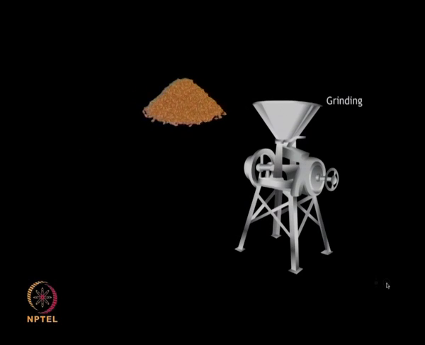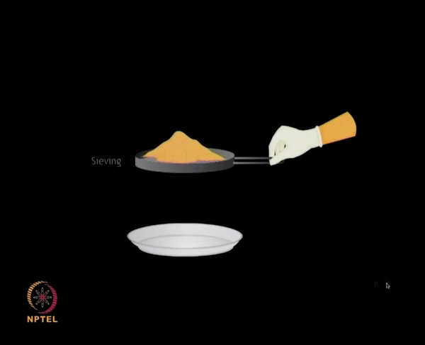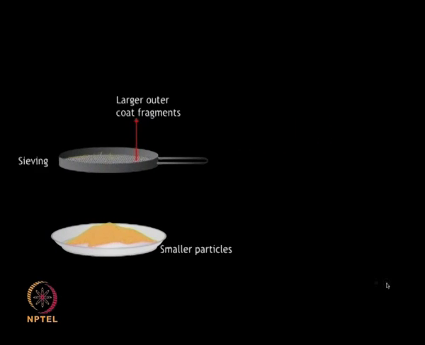The seeds are ground and then sieved to remove their outer coating fragments. Once the grinding is finished, the embryos and other small particles are floated in organic solvents such as cyclohexane.